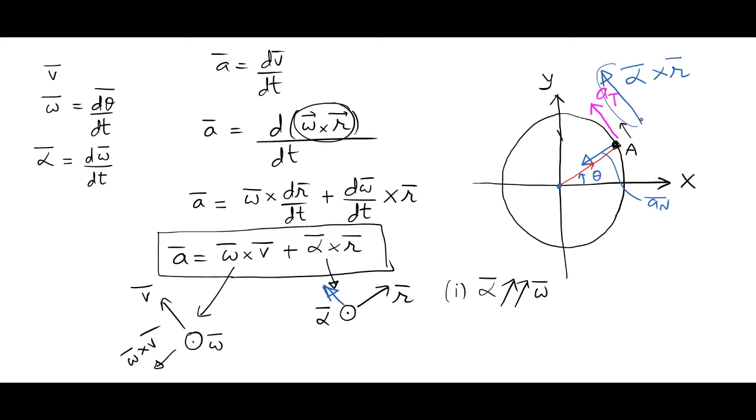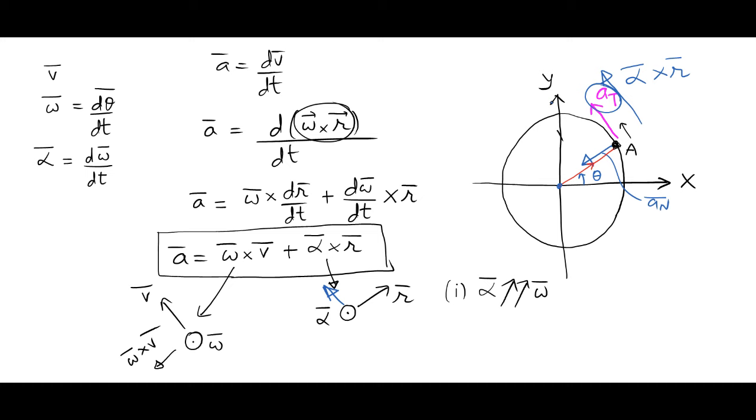Now this direction of alpha bar cross r bar is consistent, it is identical with the expected direction of a tangential bar, because we just said that in this particular possibility we are assuming that the particle is speeding up.